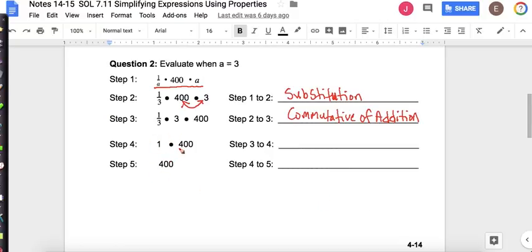Okay, now I need to justify step 3 to step 4. So notice the 1/3 times 3 got replaced with a 1. So anytime you multiply something by its reciprocal and you get an answer of 1, that is the multiplicative inverse.